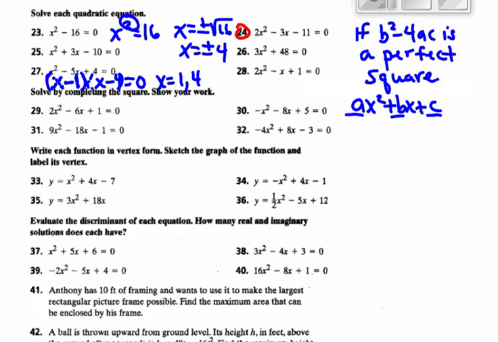Number 24, b squared is 9 minus 4ac. So obviously negative times negative is positive, so I have 9 plus 88. 8 times 11 is 88. What's 88 plus 9? 97. Is that a perfect square? No, it's not. So that means this will not factor. So instead of using the quadratic formula, go ahead and just use your graphing calculator.